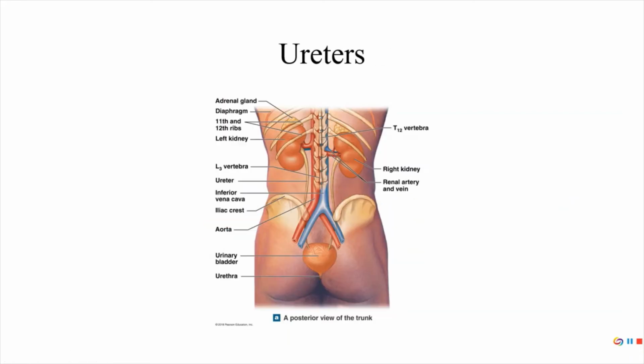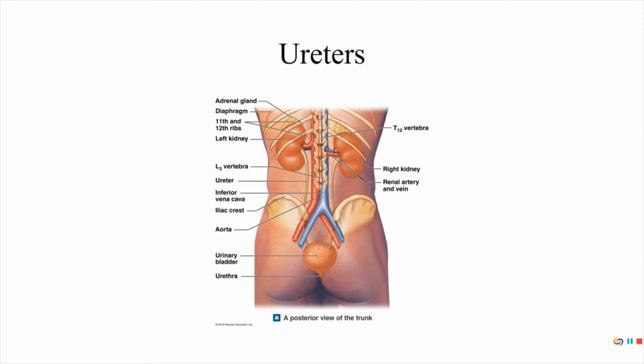Now, ureters. We don't spend too much time on ureters in terms of histology here. I do discuss their histology a little bit just to help you if you deal with antibacterial agents and things like that. I'm going to use this model here.